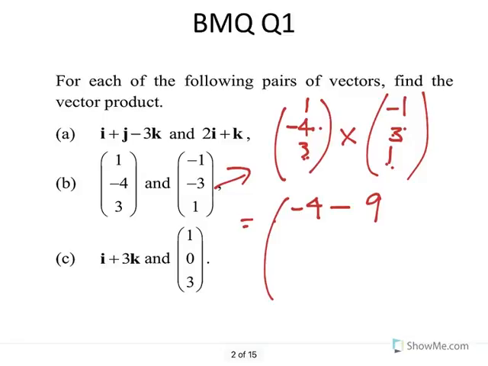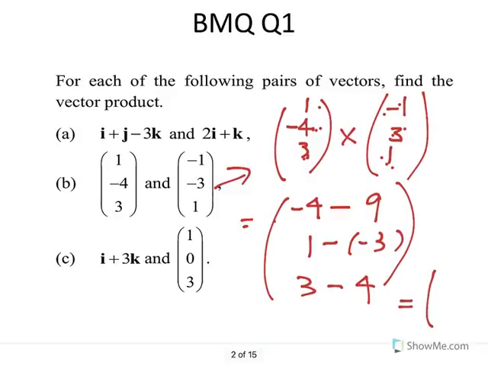For the second entry, we go in reverse order, 1 and 1, minus negative 3. Third entry, we have 1 times 3, minus negative 4 times negative 1, which is positive 4. So we have minus positive 4. This answer should give us 5, negative 4 and negative 7. That's for part B.